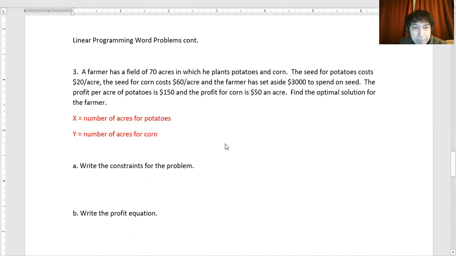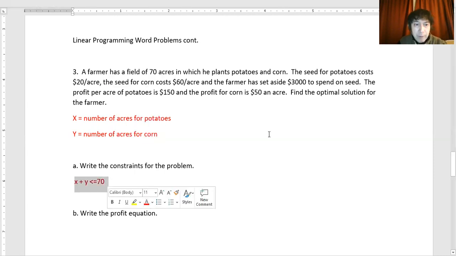Write the constraints for the problem. First, the maximum is 70 acres. So that means the number of acres allotted for potatoes added to the number of acres allotted for corn will be at the most 70 acres, so less or equal to 70 acres.